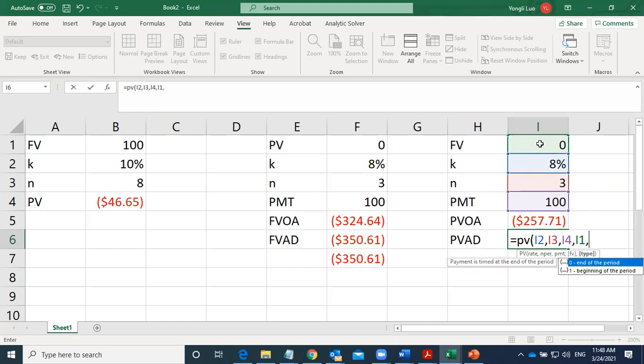When you calculate present value or future value of annuity due, don't forget you need to add a comma 1. You choose a comma and then you choose 1, because that is the beginning of each time period.